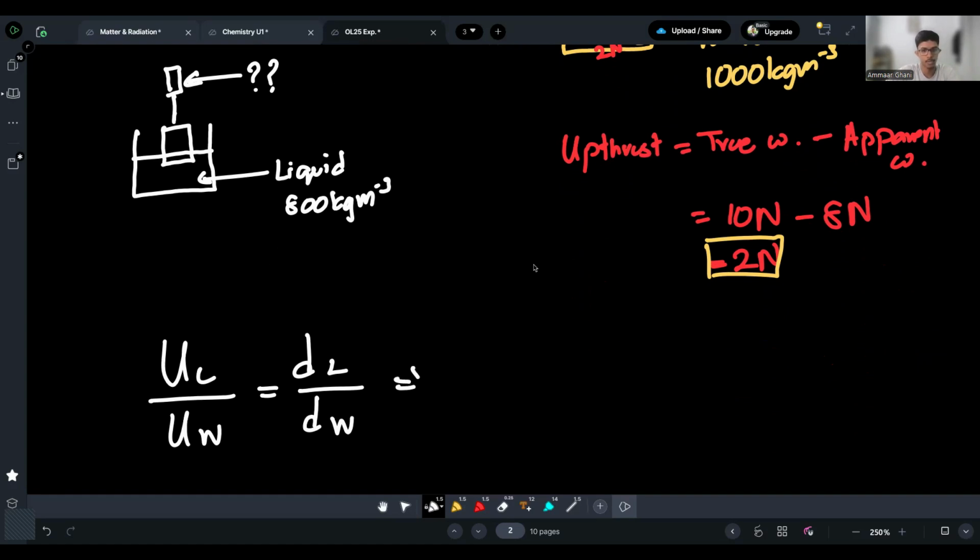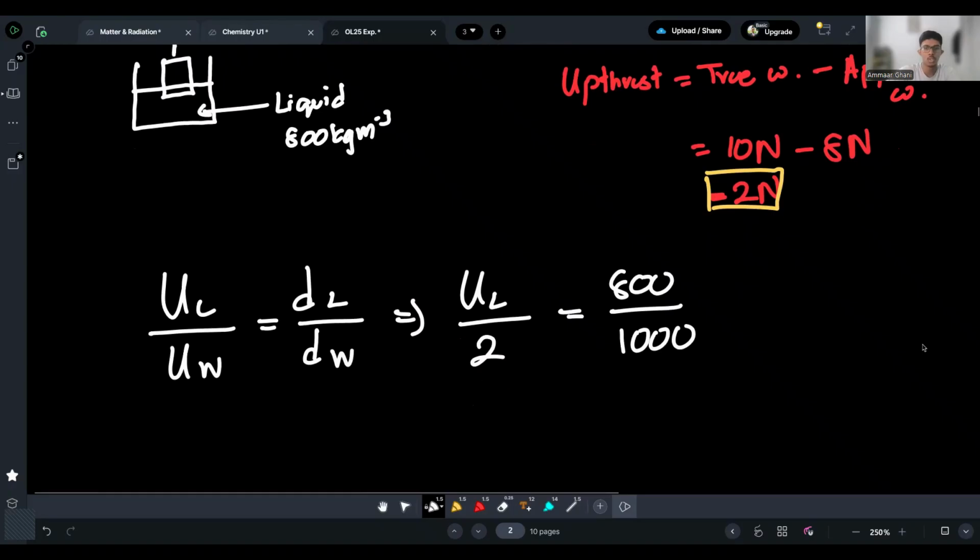Upthrust of water is 2 Newton, density of the liquid is 800, density of water is 1000. By moving to the other side, you can get the upthrust of the liquid as 1.6 Newton. So this is the upthrust of the liquid. So this is not what we need.